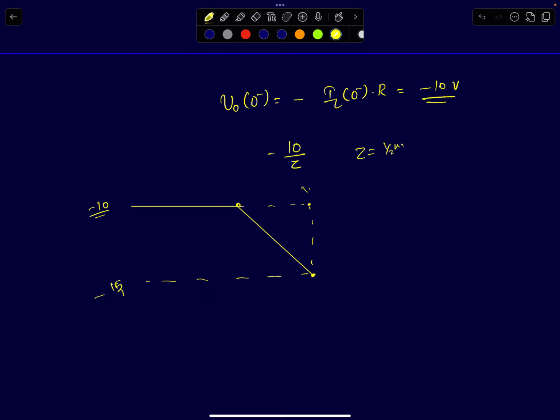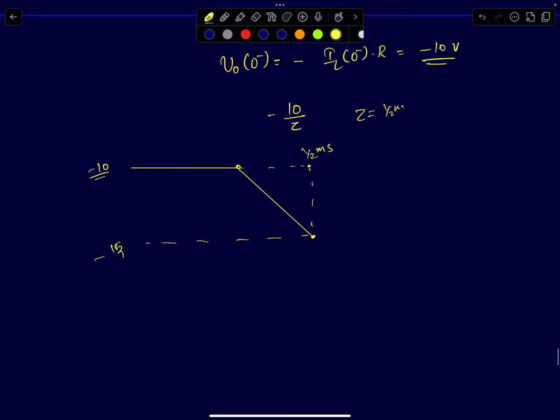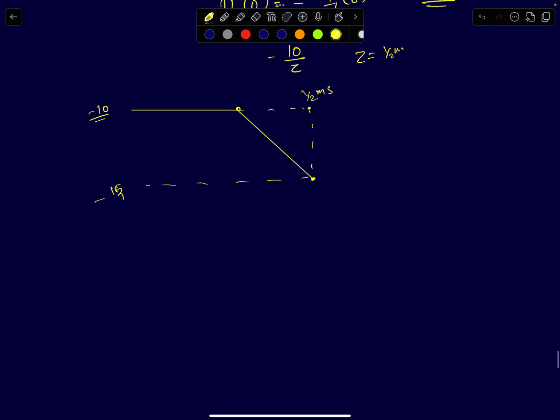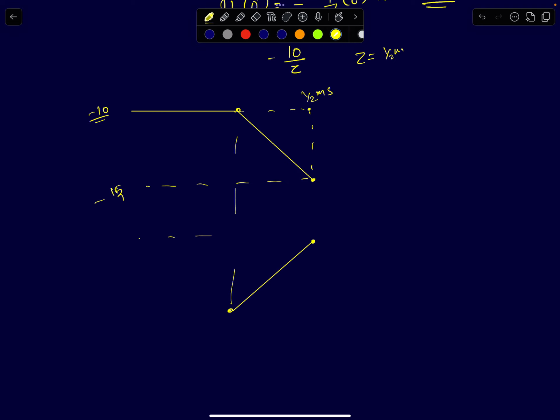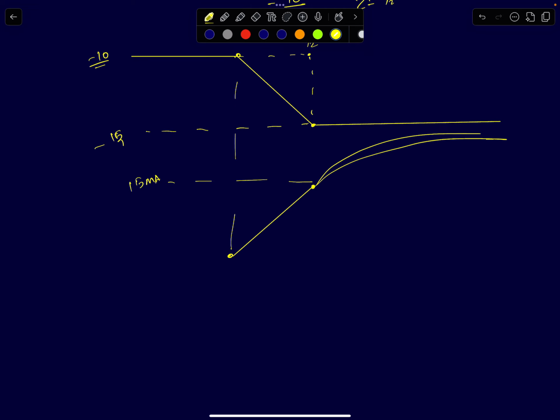From this point onwards, the inductor current, which started at 10 milliamperes instead of 0, will grow to plus 15 milliamperes at half a millisecond. And from then onwards, it will do an exponential charging to 25 milliamperes. Output voltage will stay put at minus 15, and node voltage Vx will go to 10 volts after half a millisecond.